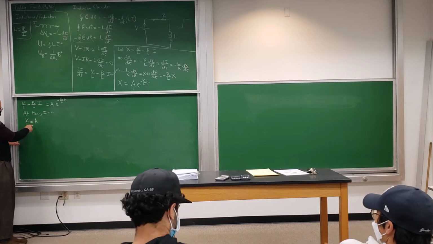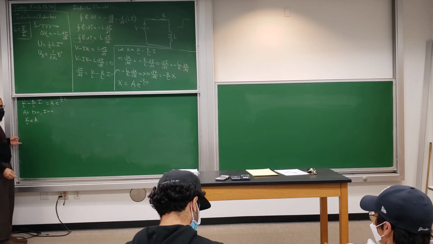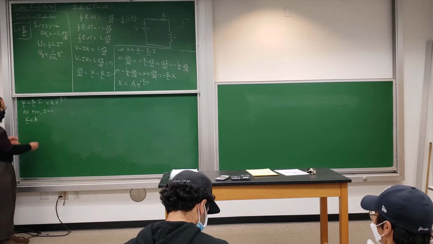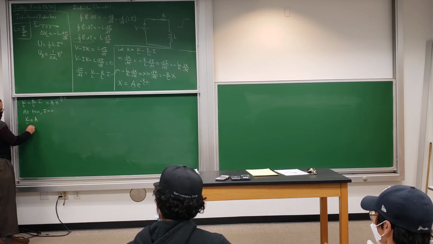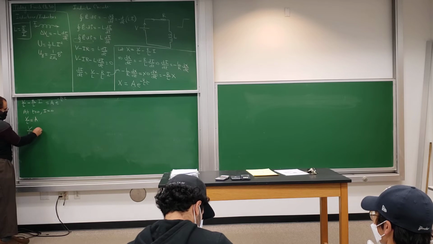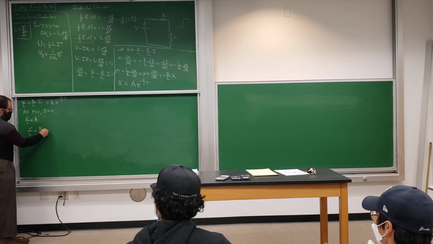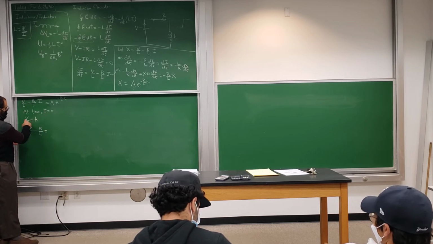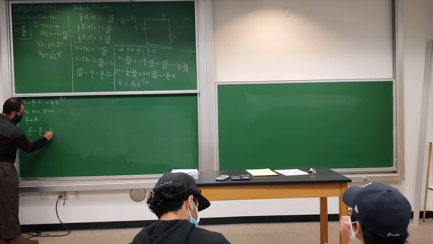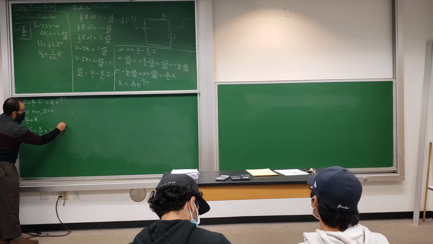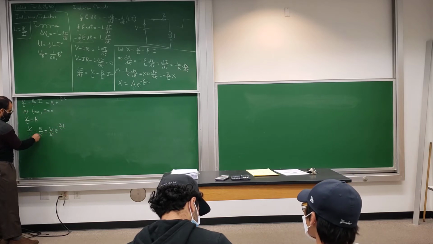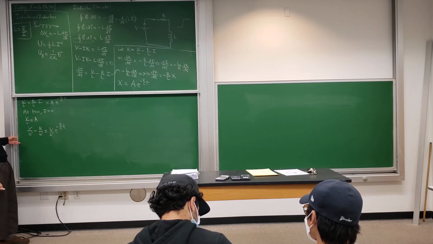So this constant A is V over L. So we have V over L minus R over L I equal to V over L e to the minus R over L times t. Multiply everything by L, so L goes away.